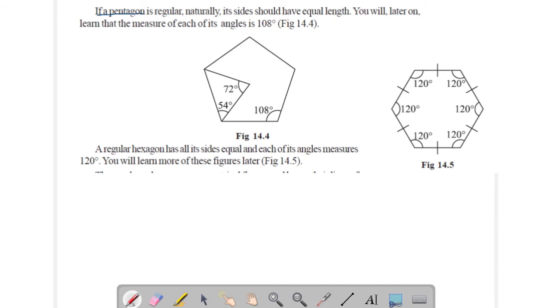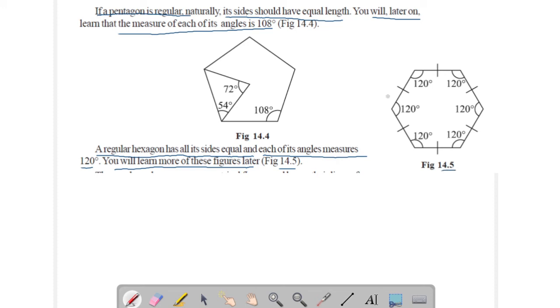If a pentagon is regular, naturally its sides should have equal length. You will later on learn that the measure of each of its angles is 108 degrees. A regular hexagon has all its sides equal and each of its angles measures 120 degrees. We will learn more of these figures later. See figure 14.5.